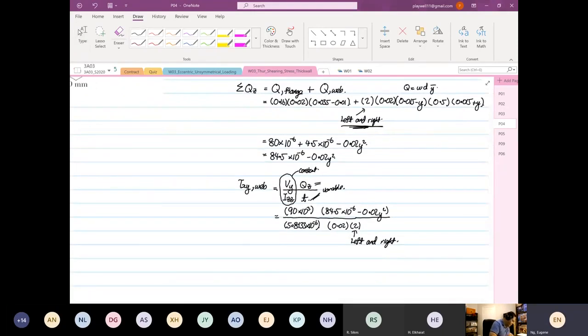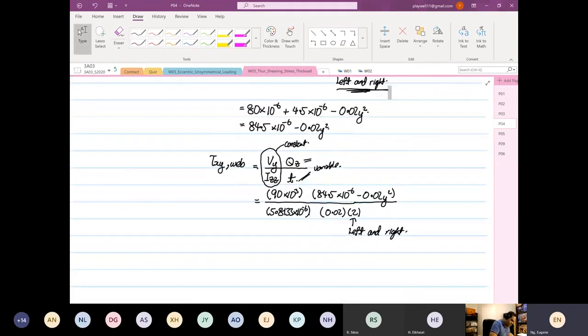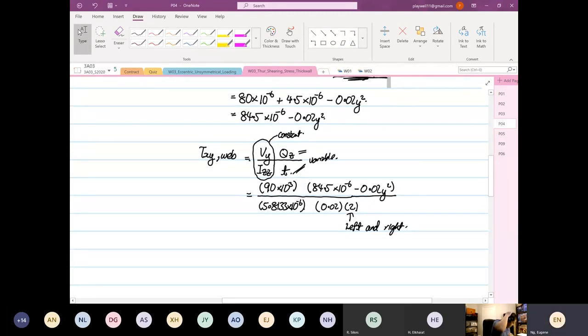So from here, we will come out with an expression. So this will be equal to 387.0435 times 10 to the power of 9 times 84.5 times 10 to the power minus 6 minus 0.02 y squared.